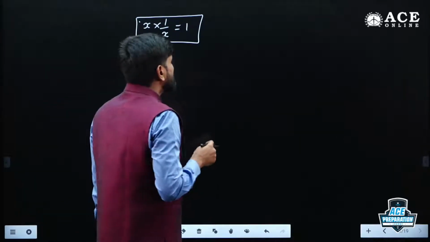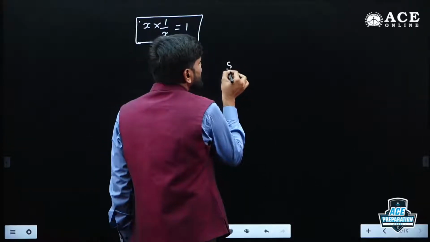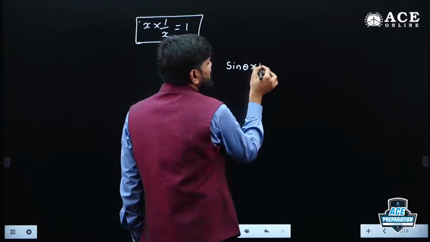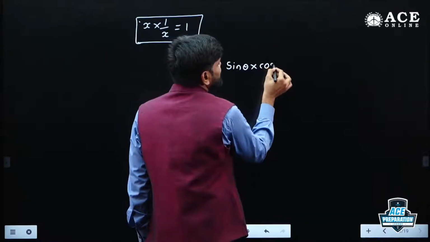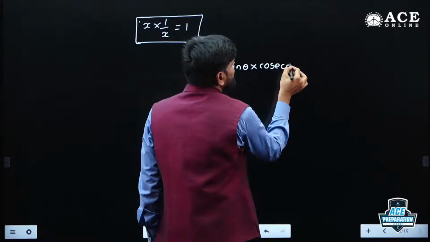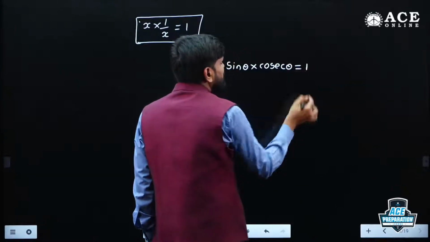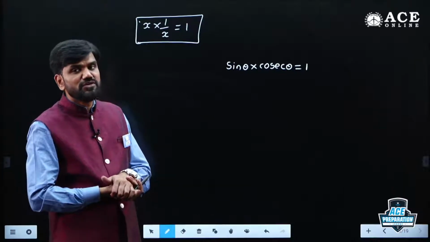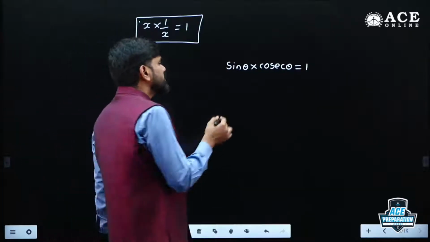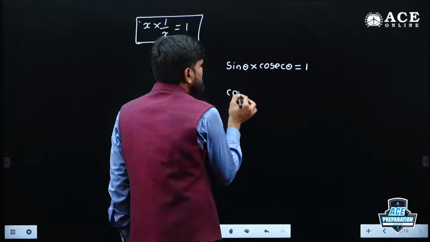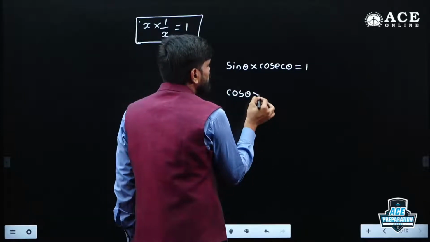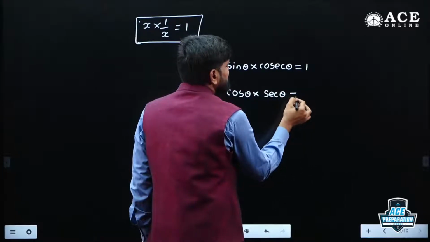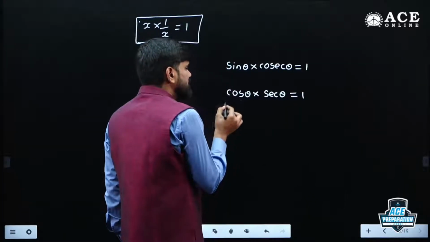In the same manner, sin theta into 1 by sin theta is nothing but cosecant theta. Sin theta into cosecant theta equal to 1. Similarly, cos theta into 1 by cos theta is nothing but secant theta. Cos theta into secant theta is 1.